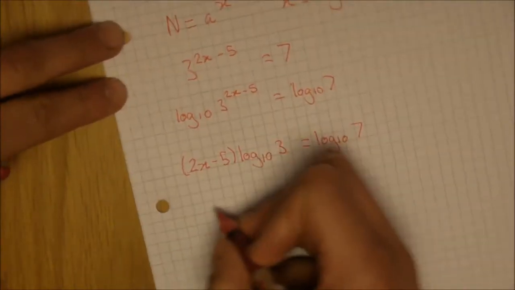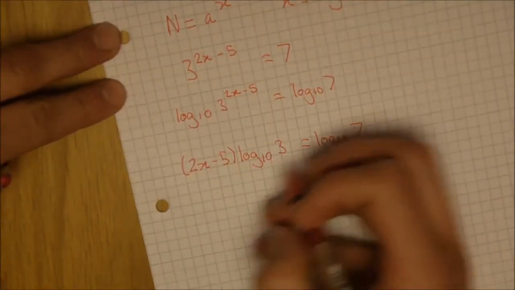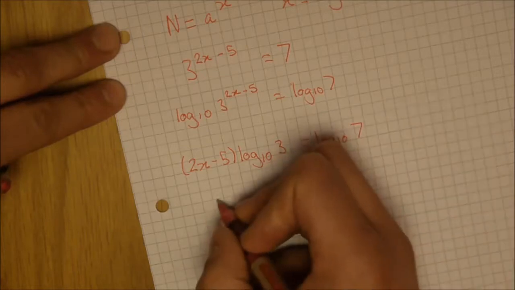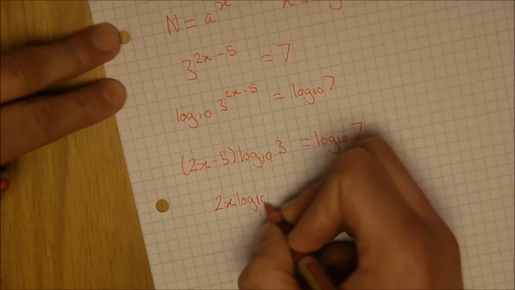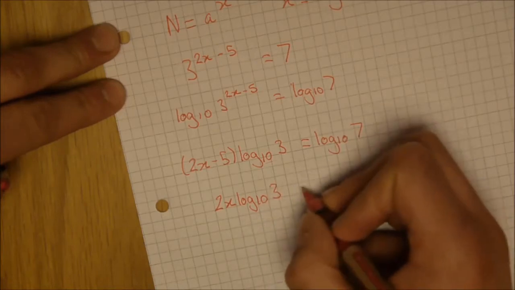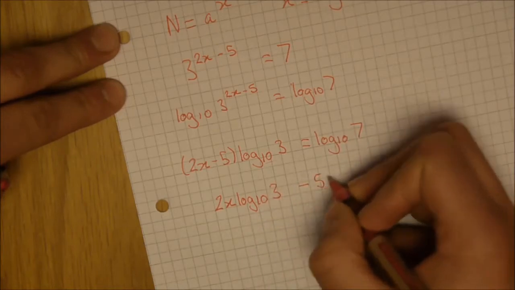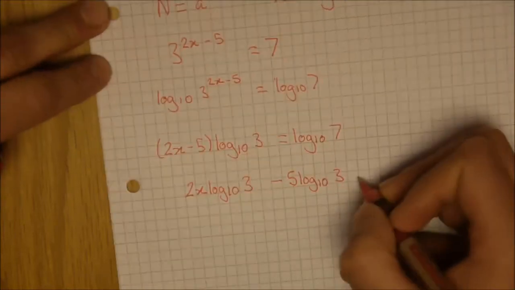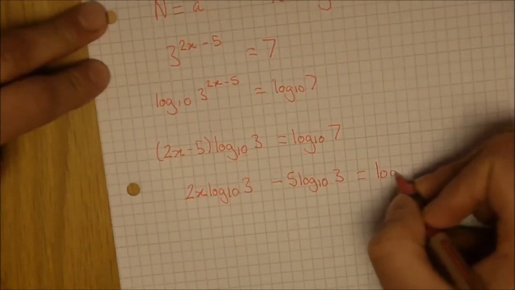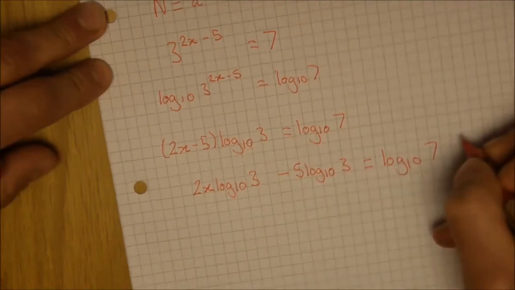We can rewrite this as 2x log 10 3 minus 5 log 10 3 equals log 10 7.